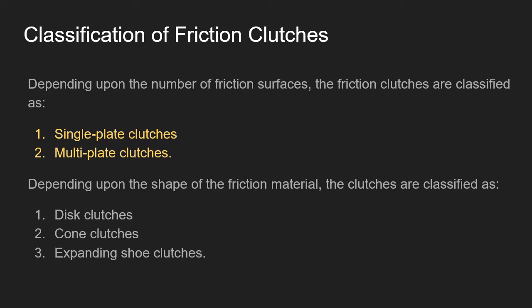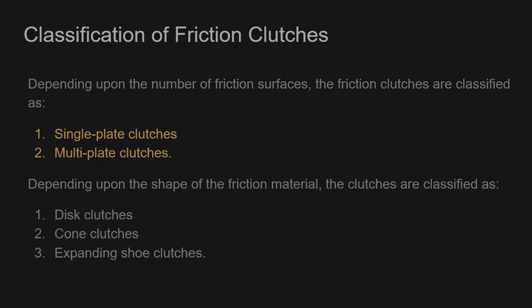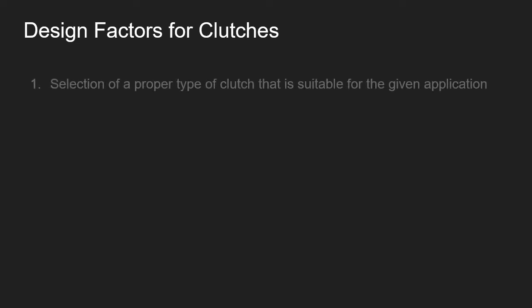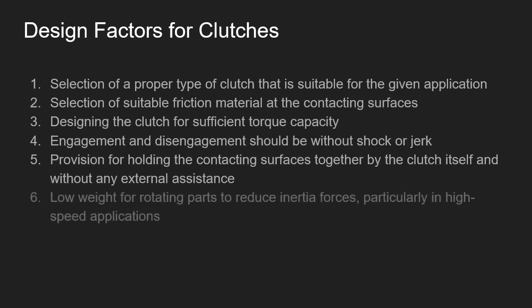and multi plate. All right, so this slide here provides the various factors to be taken into account while we design a clutch, right? So there is a whole lot of factors to be taken into account.